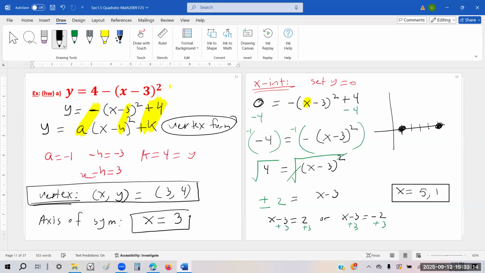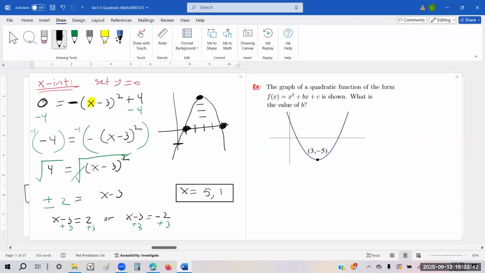So 1, 2, 3, 4. This is our vertex 3, 4. This is x equals 1, this is x equals 5. And what type of parabola do we have? Upward or upside down? Down, because we have a negative in the front.